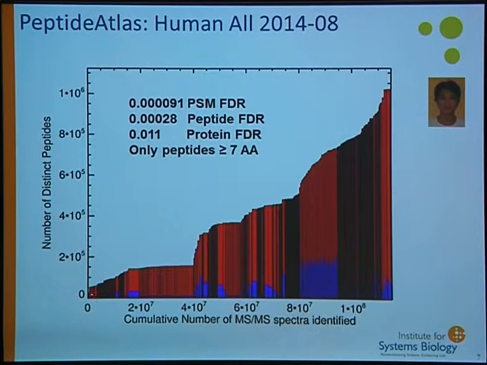The red bar means this is new cumulative MSMS spectra being identified, and the blue bar is actually entirely new identifications of spectra as it goes on from each experiment. And so as these blue bars accumulate, we get further and further into the whole proteome.